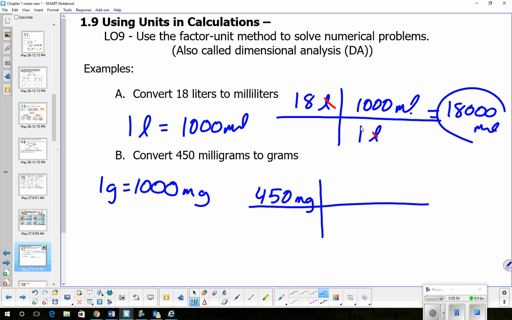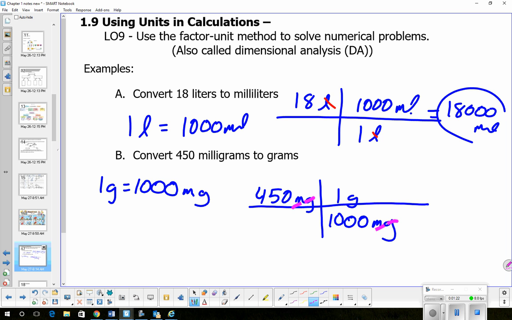Whatever I have here is going to be unit-wise down here. Whatever I want to get to is going to be on top. So the 1,000 this time is going to be on the bottom because it's attached to the unit that I want to get rid of. The 1 gram is going to go on top because that is what I want to go to. The unit that I cancel out is milligram. And this time I'm going to divide. So if I'm going across 450, I times it by the 1 and I divide it by the 1,000.